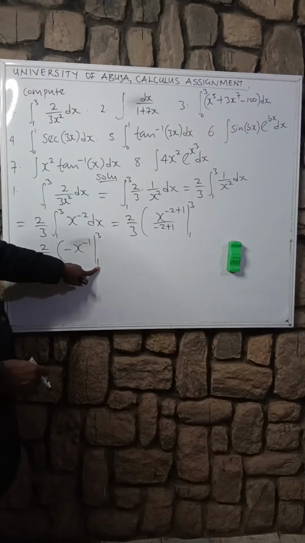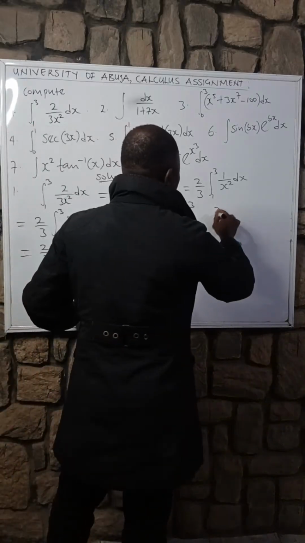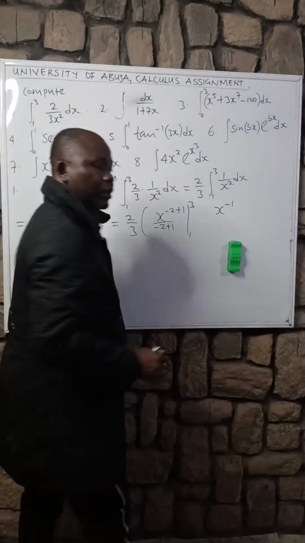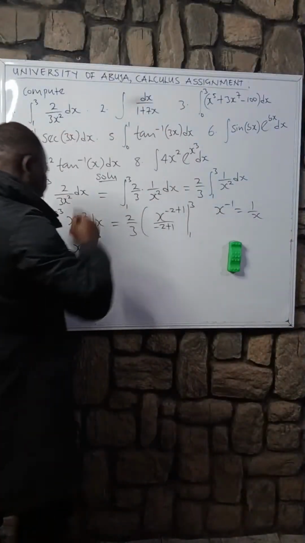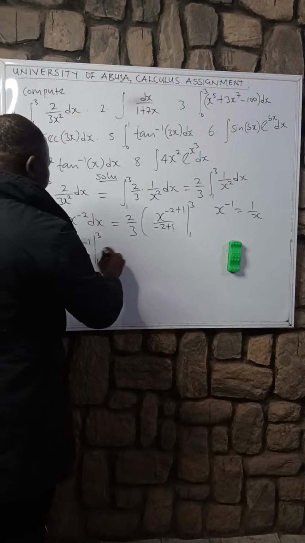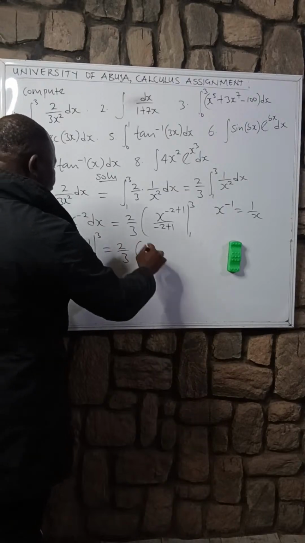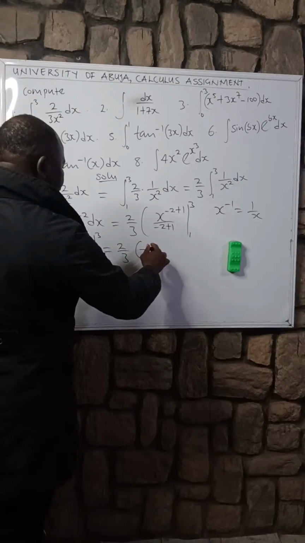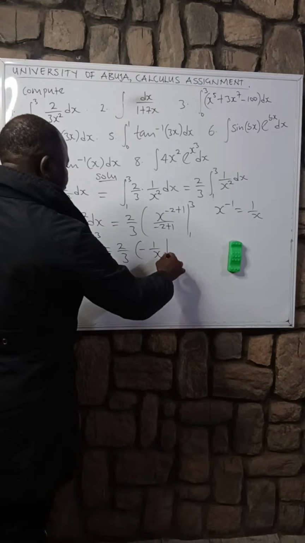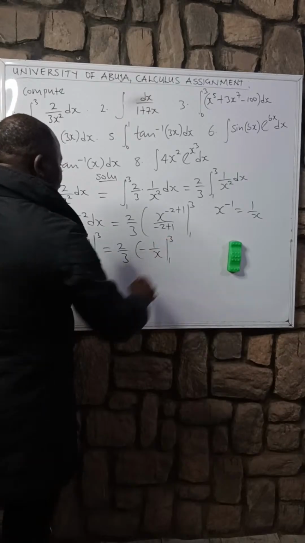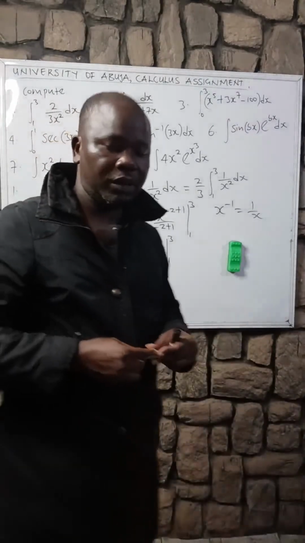Do you agree with me? Now if we have x raised to the power minus 1, this is the same as 1 all over x. So this will now be 2 all over 3, open bracket, minus 1 all over x at 1 to 3. This is how you are going to evaluate it.